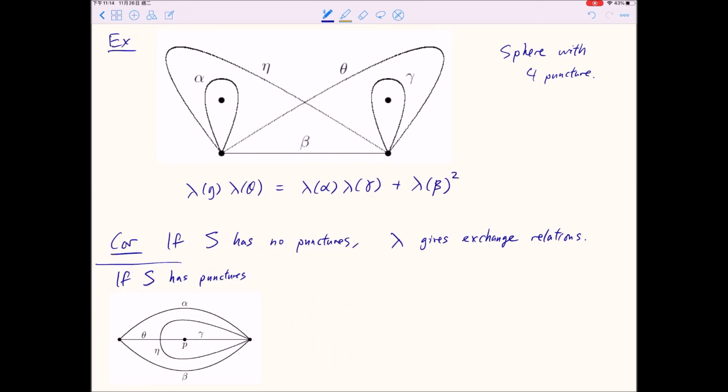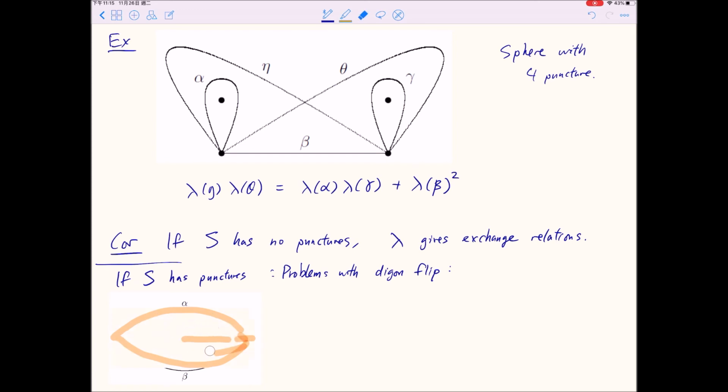So if S has a puncture and you have a configuration of the two-gon with a puncture like this, then there will be a problem with the digon flip. Right, so here we really have the standard digon flipping with this arc here.